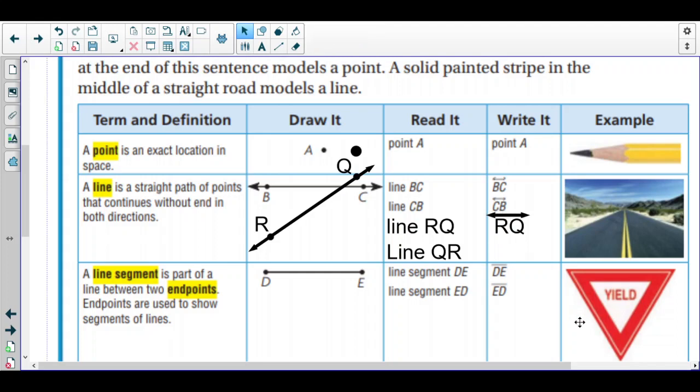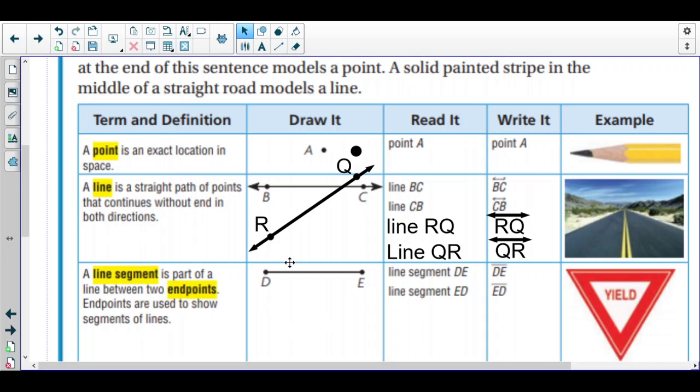So that is showing line RQ, which could also be line QR, using that same symbol right here, which is that line with an arrow going both ways. So here we have two lines. We have line BC and we have line RQ.